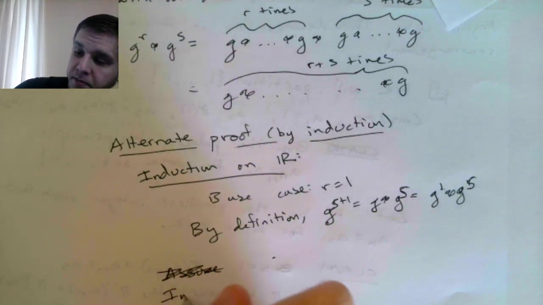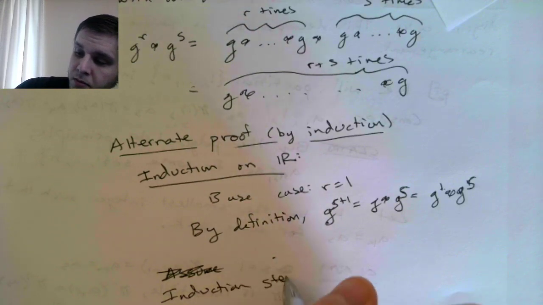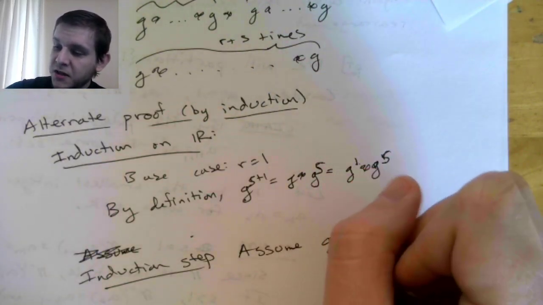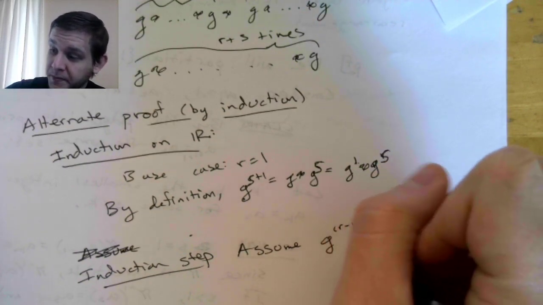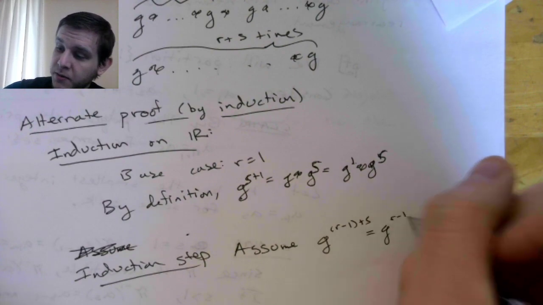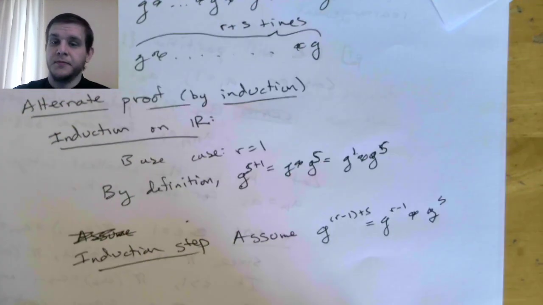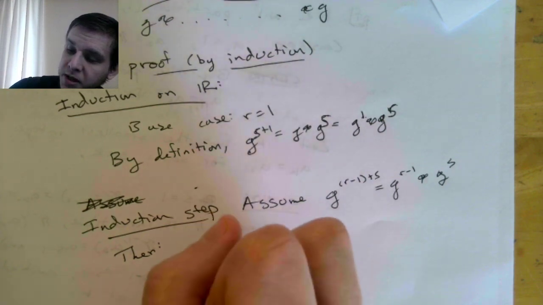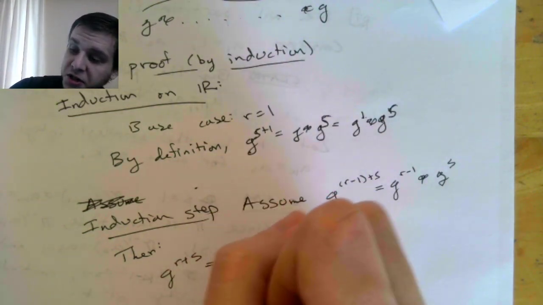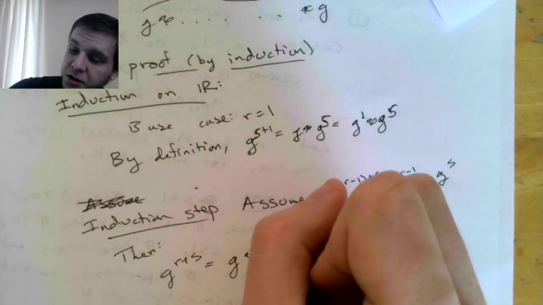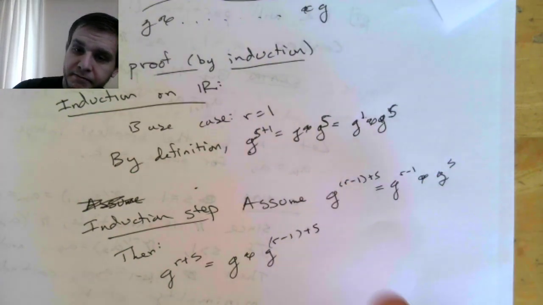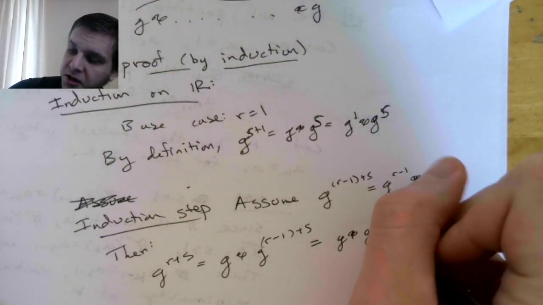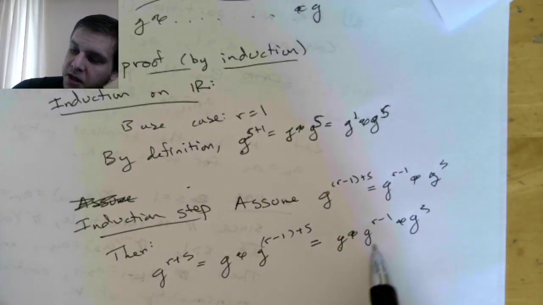So here's our induction step. Assume that G to the R minus 1 plus S is G to the R minus 1 times G to the S. Then G to the R plus S, by definition, is G times G to the R minus 1 plus S. By induction, this is G times G to the R minus 1 times G to the S. And then I combine these together.